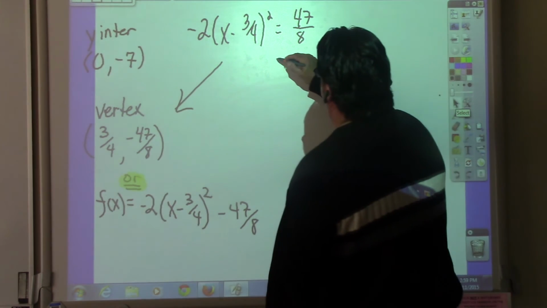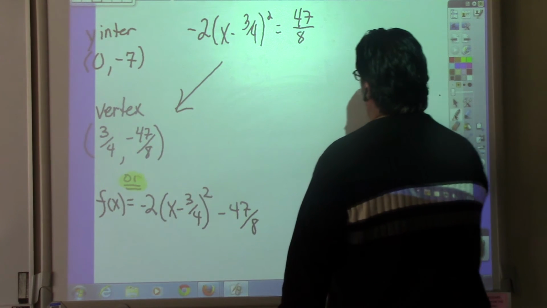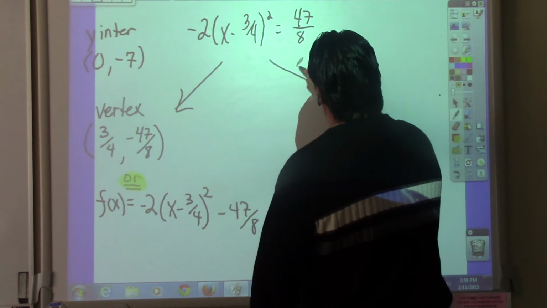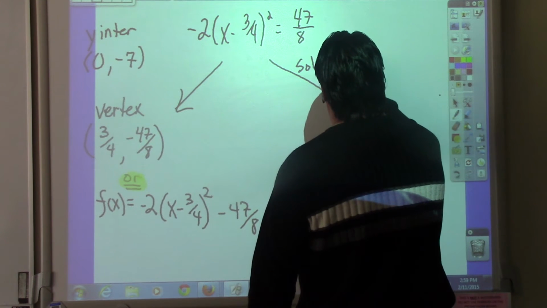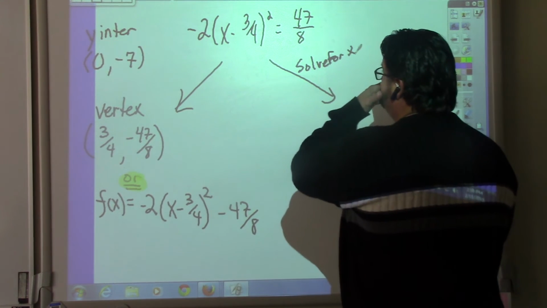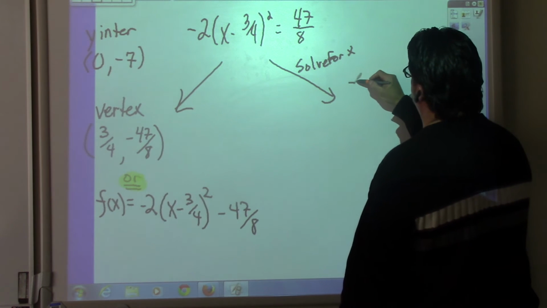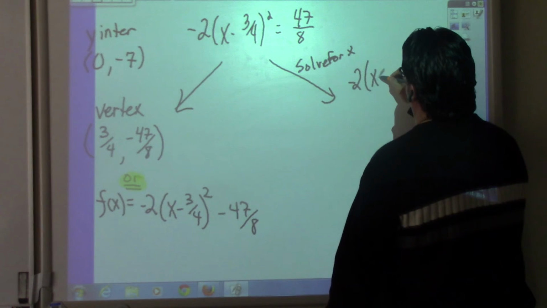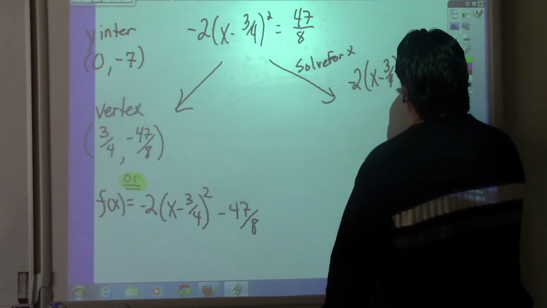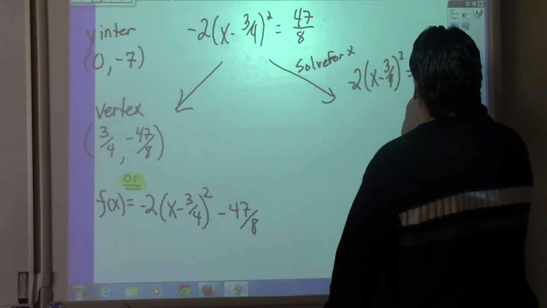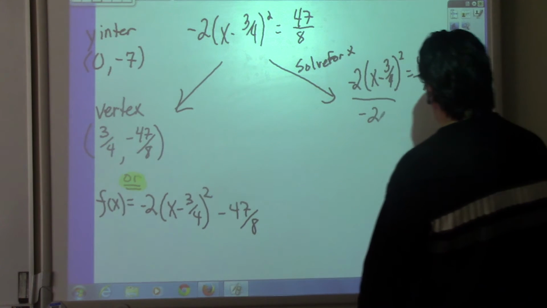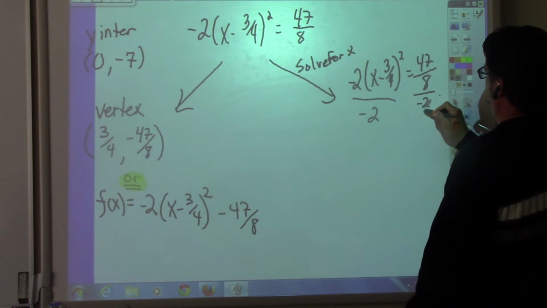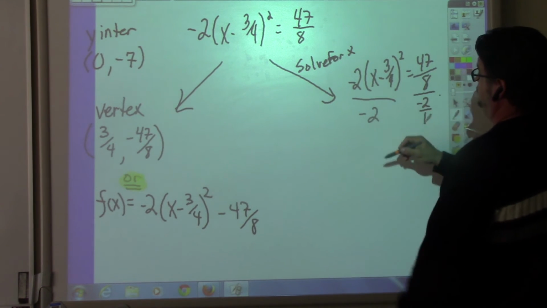So now to find the x-intercepts, solve for what? X. Solve for x. So negative 2 times x minus 3/4 quantity squared is equal to 47/8. Divide by negative 2. That's what you're doing.